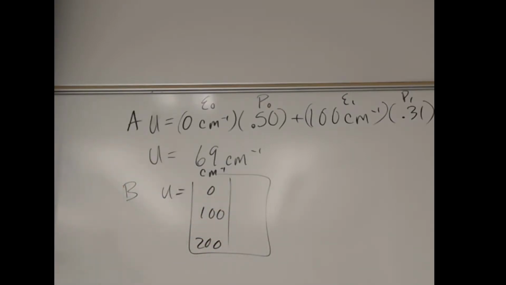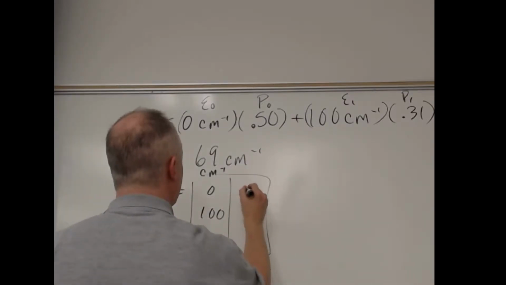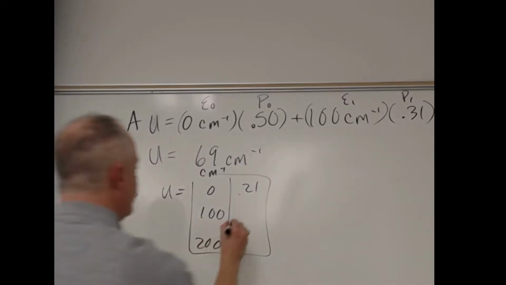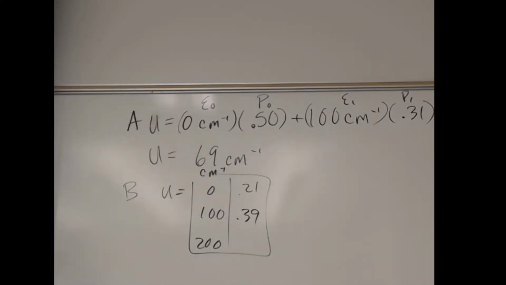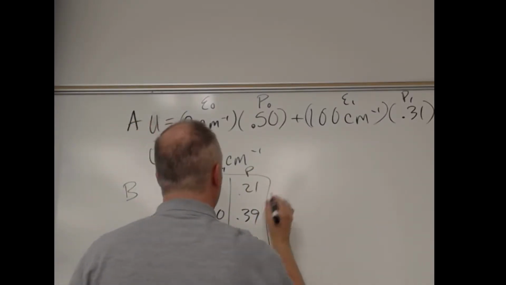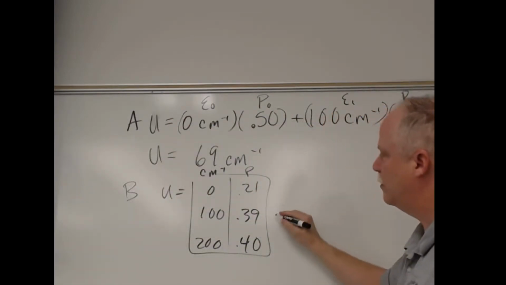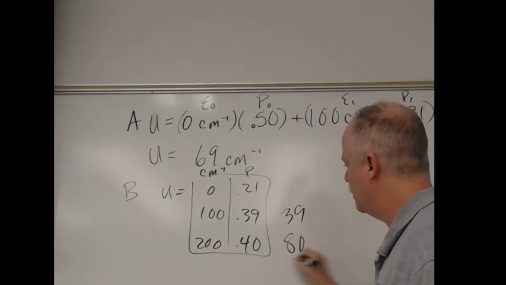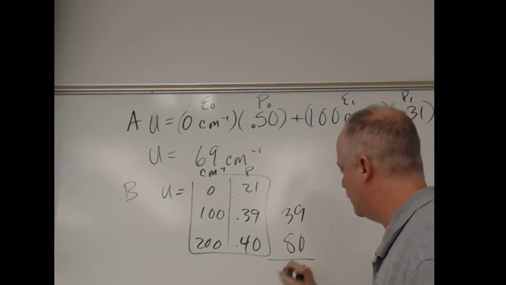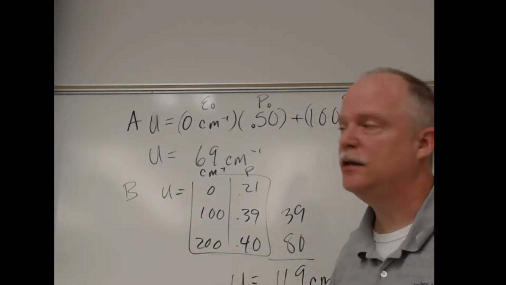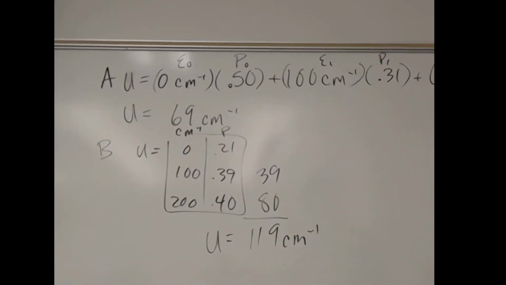And then our probabilities were 0.21, 0.39, and 0.40. So we have 0, we have 39, and 80. So that's not bad. That's a faster way to calculate it. So 119.